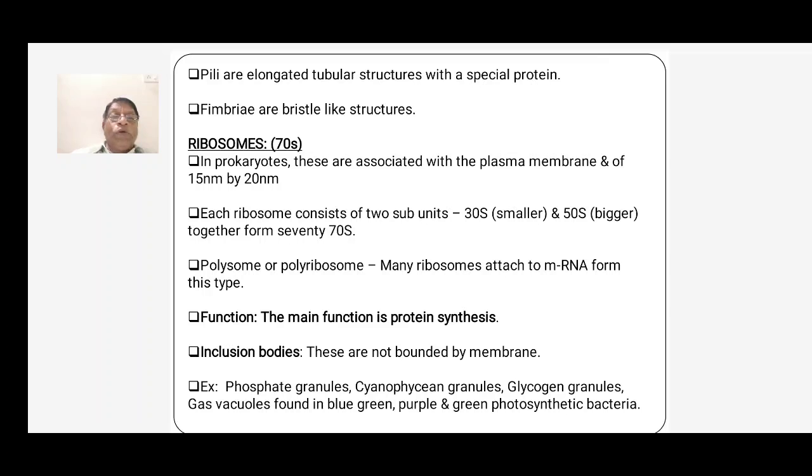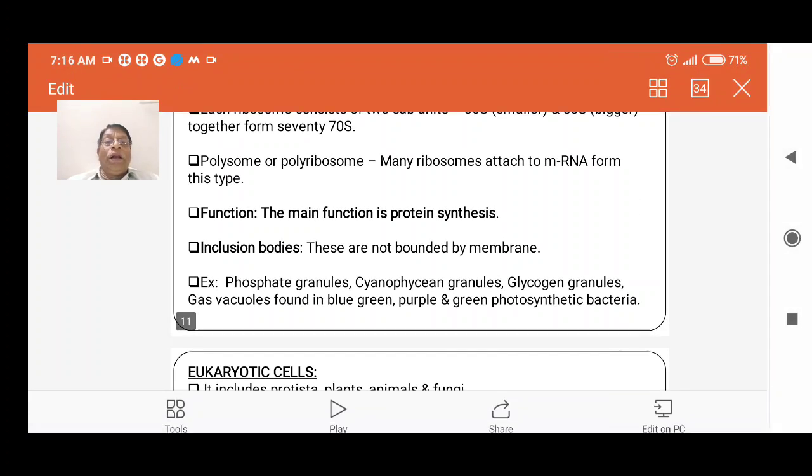If many ribosomes attach to the mRNA, then it is called polyribosome. I already discussed the function. The main function of ribosome is protein synthesis. Okay. Next, last part, inclusion bodies.